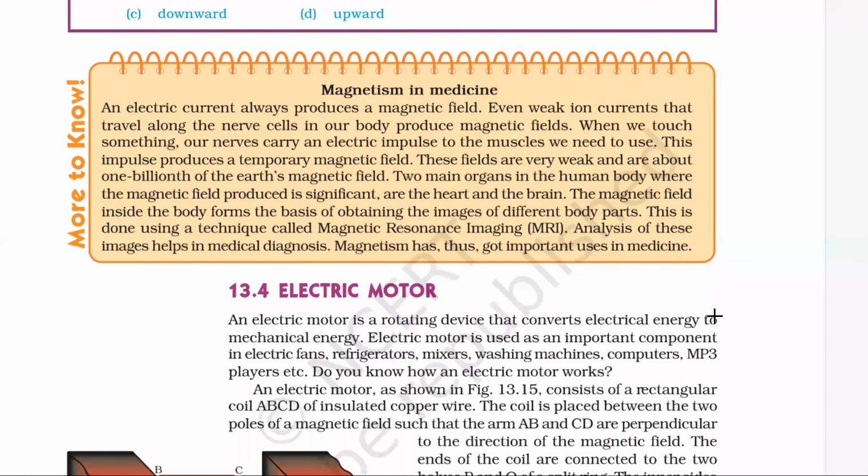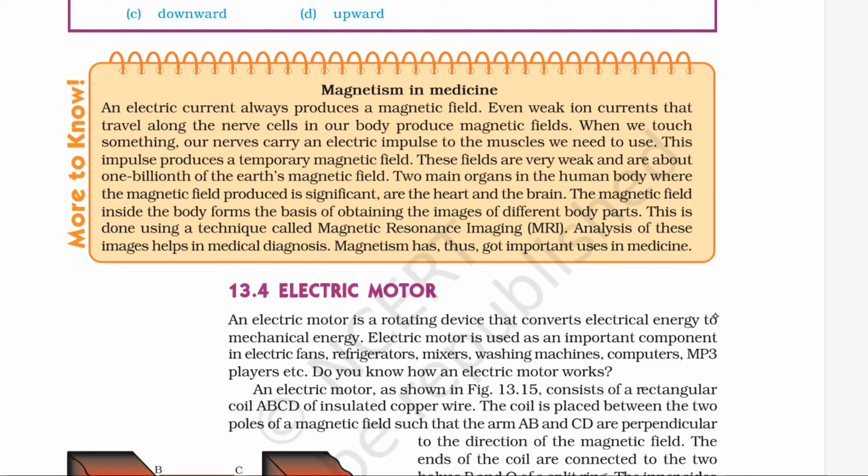Electric current always produces magnetic field. Even weak ion currents that travel along the nerve cells in our bodies produce magnetic field. So actually in our body also a very weak current is there, ion current, which travels along the nerve cells, and it also produces magnetic field. When we touch something, our nerves carry an electric impulse to muscles we need to use.